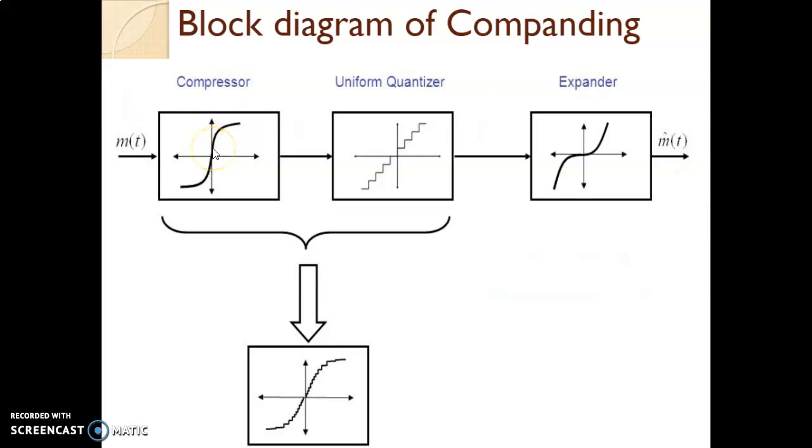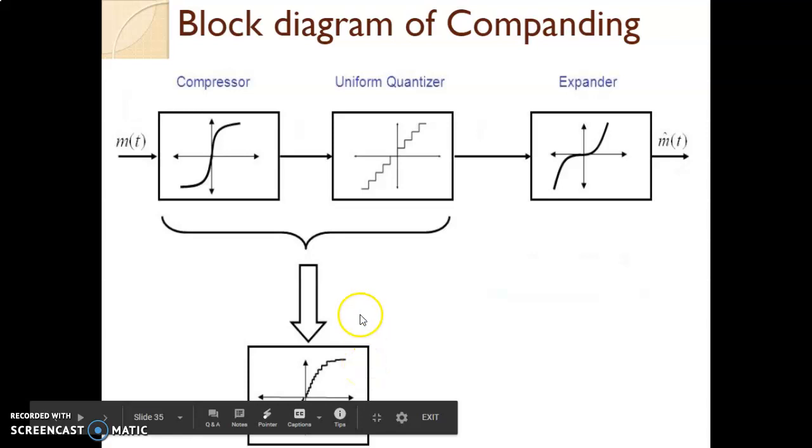Later on, the output of the compressor is given to a uniform quantizer, which, as we know, has equal step size which is uniformly distributed. Followed by that, we will have the expander. Whatever function has been done by the compressor, the opposite function will be done by the expander. So the compressor and uniform quantizer will give us a graph something like this.